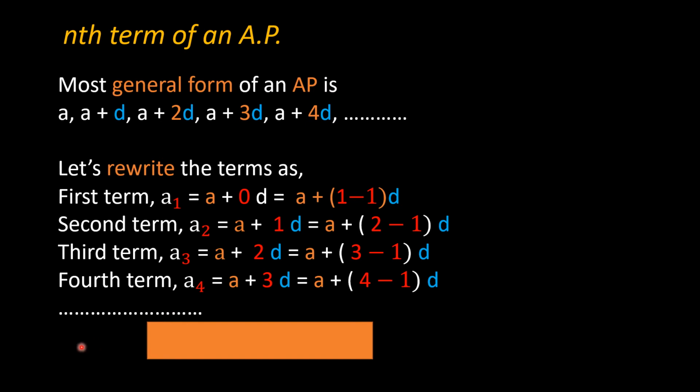In case of nth term, this n becomes n minus 1. So, our nth term will be an equals a plus n minus 1 into d. So, this is the general form of nth term of an AP.